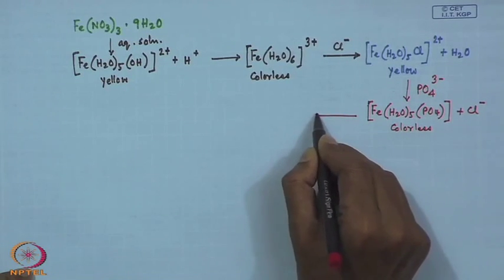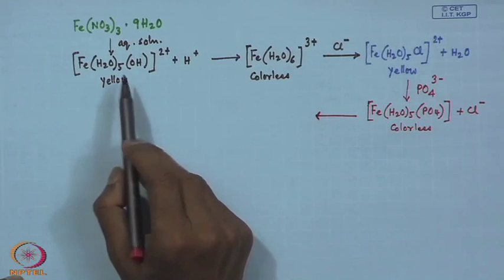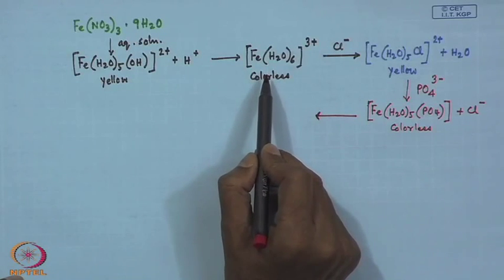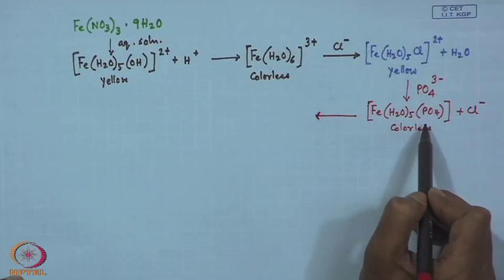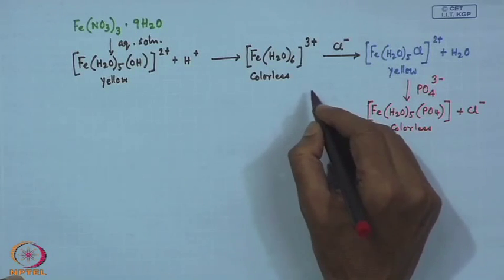And what we have seen in our previous reaction is that this particular species is reacting with thiocyanate. At this point the thiocyanate is forming a strong bond with the iron site.